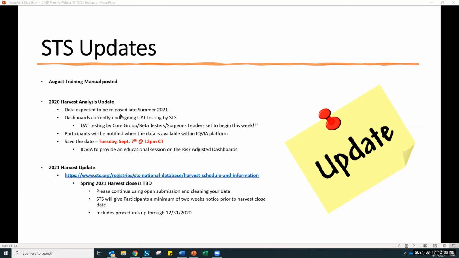Once our UAT is complete, participants will be notified when the data is available within the IQVIA platform. Of course, I can't give you an exact date of when that will be available. We'll have to work as we go through our UAT testing, so more information will be forthcoming. We will keep you up to date.